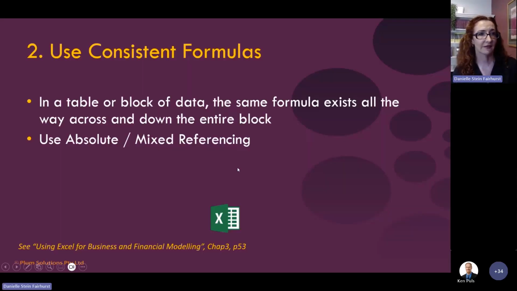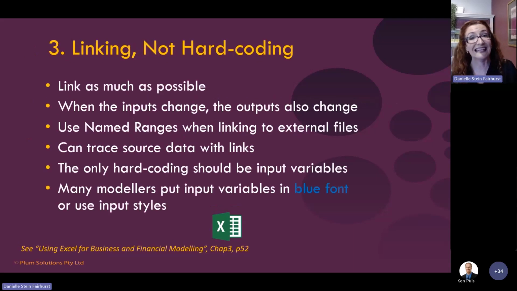So that is the second part of financial modelling best practice. We said it was using assumptions, documenting assumptions, using consistent formulas, really important for reducing the possibility for error. Third is always link as much as you can.